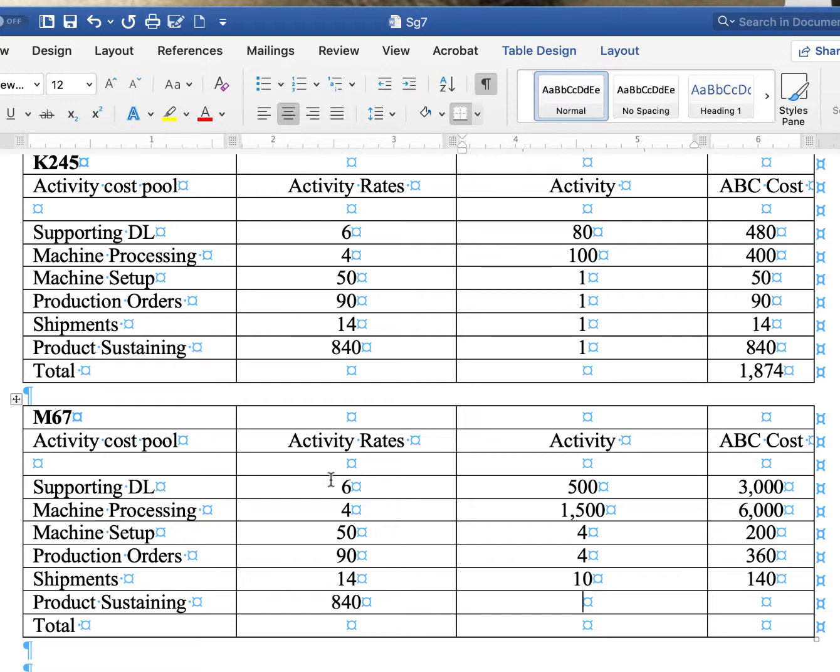Well, M67, how many products do I have? Well, I have 1. So I get $840. My total overhead cost under activity-based costing for product M67 is $10,540. And that is how you allocate activity rates using activity-based costing.